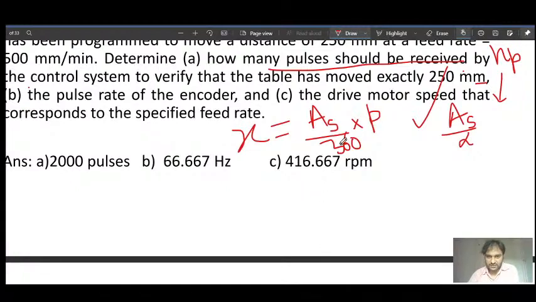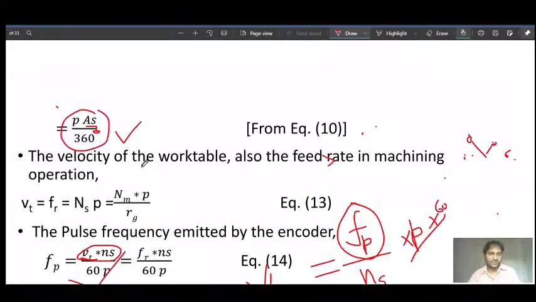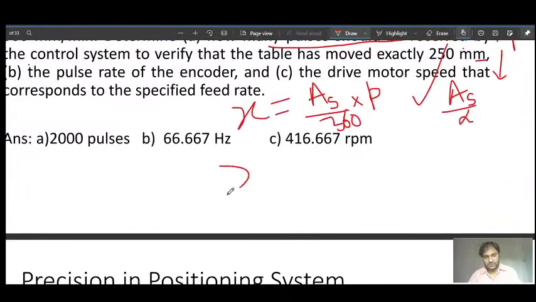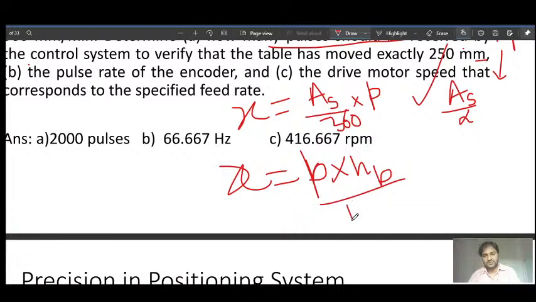So again, in the same way, if you are using this formula, say P into NP by NS to determine NP. So X you can again write P into NP by NS.